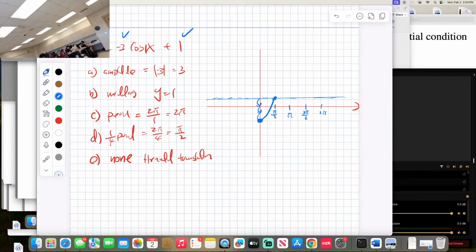So now it's gonna go back here. The highest point is actually gonna go to 4. 3 up and 3 down from the midline. And this is the midline.